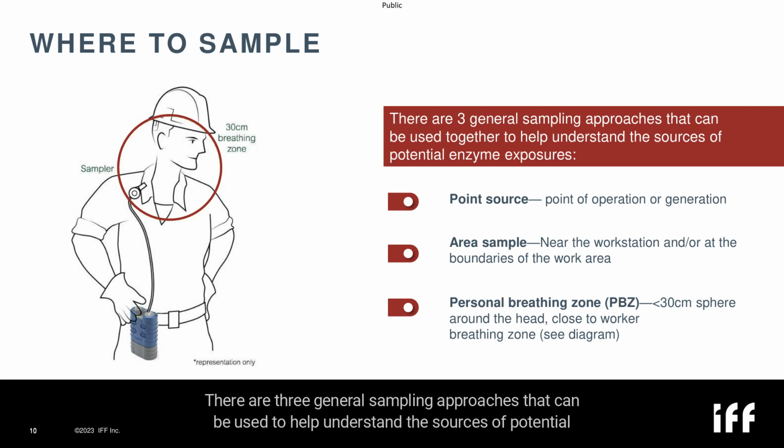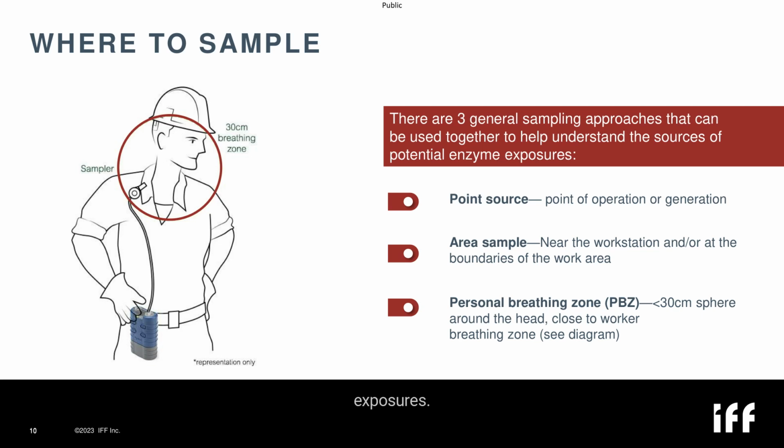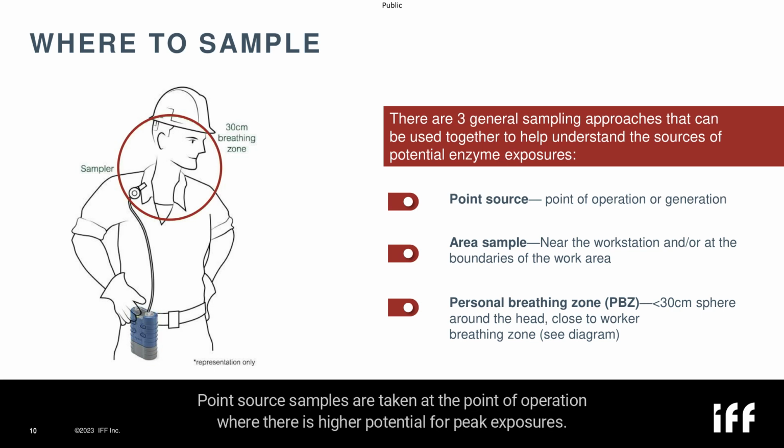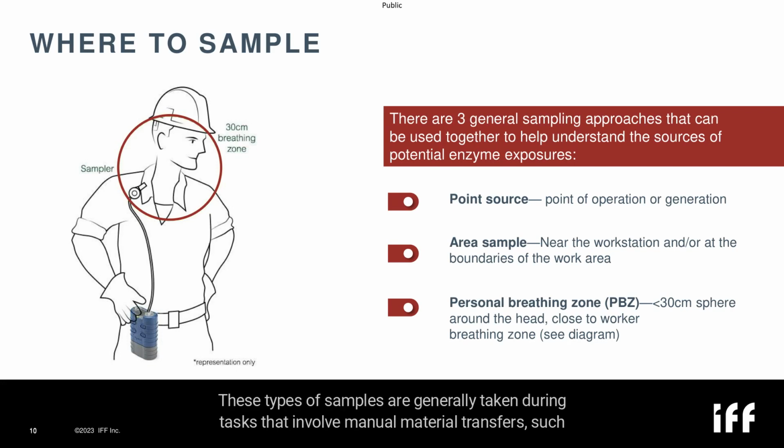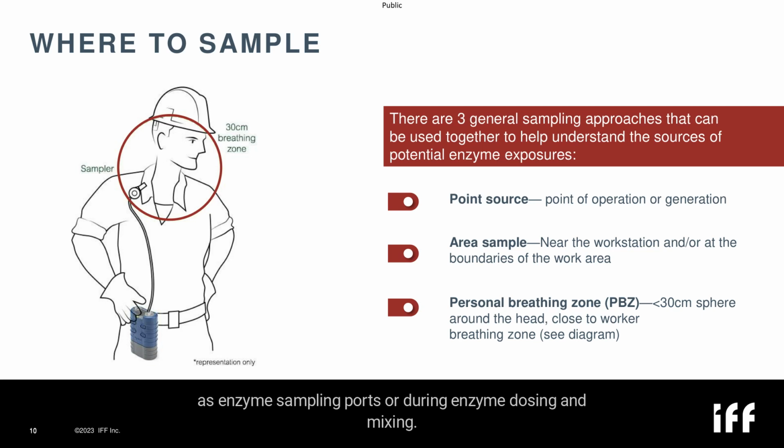There are 3 general sampling approaches that can be used to help understand the sources of potential exposures. Point source samples are taken at the point of operation where there is higher potential for peak exposures. These types of samples are generally taken during tasks that involve manual material transfers, such as enzyme sampling ports or during enzyme dosing and mixing.